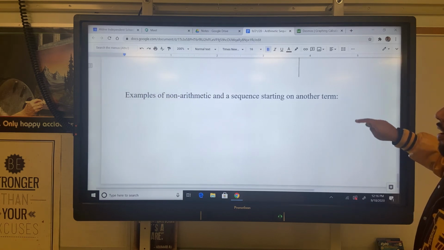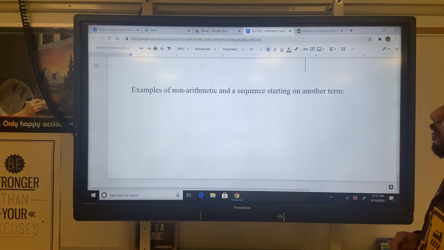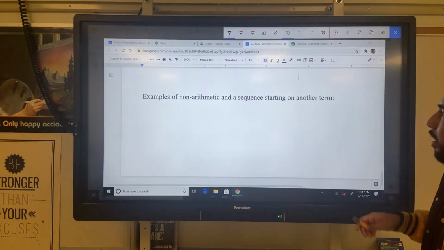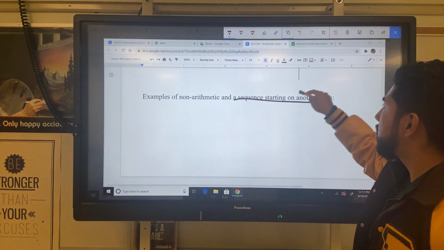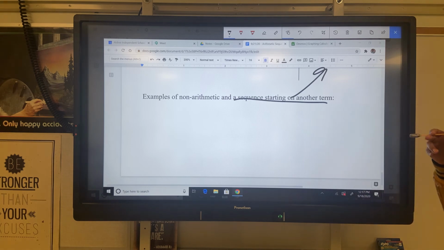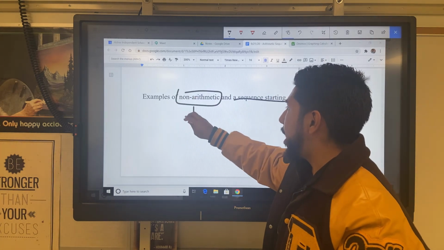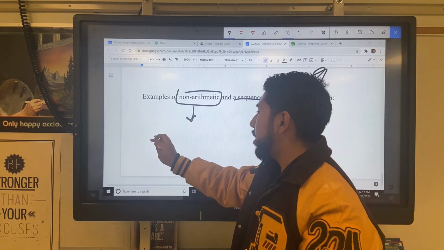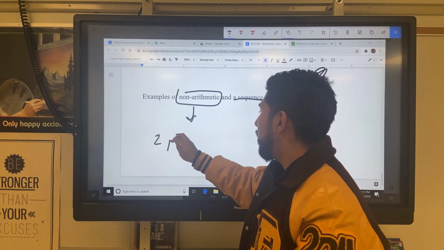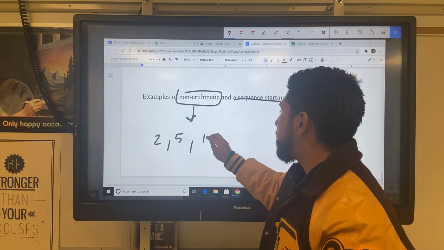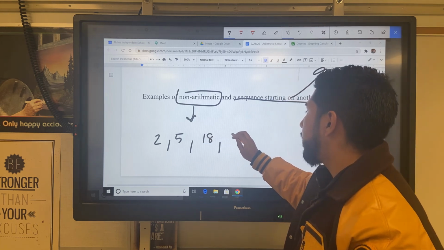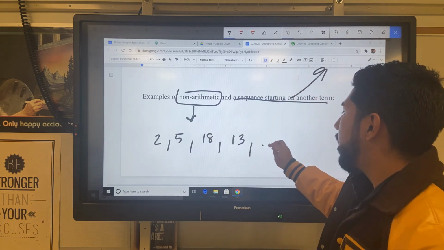And the last one. I think we already talked about this. This was over here in this problem. And then of course, non-arithmetic, I mentioned that earlier. It's something like this. Let's say it's 2, 5, 18, 3, 13, and so on.